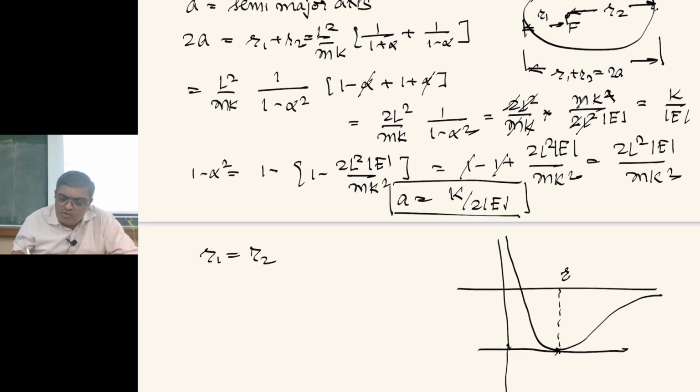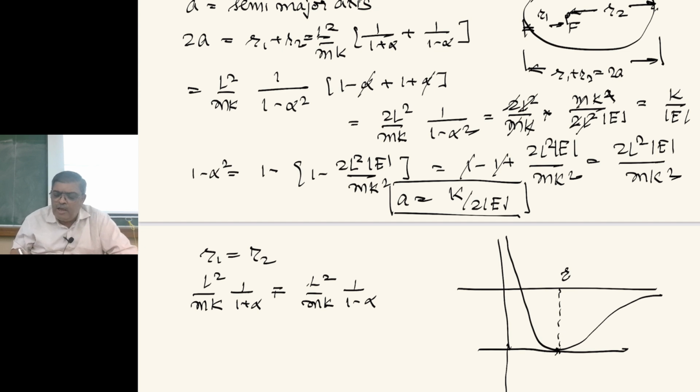R1 is equal to L squared by mk into 1 by 1 plus alpha. Am I right? Yes. And that should be equal to L squared by mk into 1 by 1 minus alpha. So when can these two be equal? Alpha should be 0. So you get alpha is equal to 0.